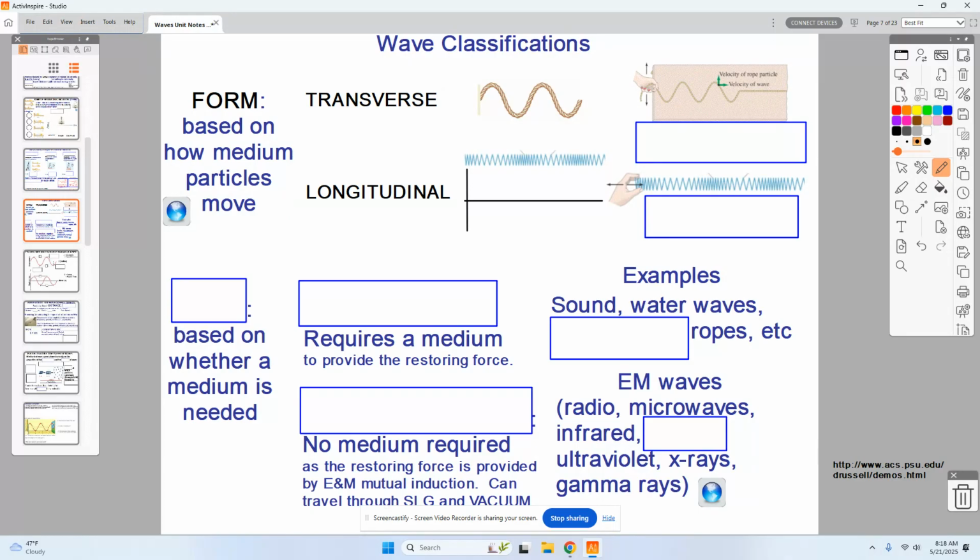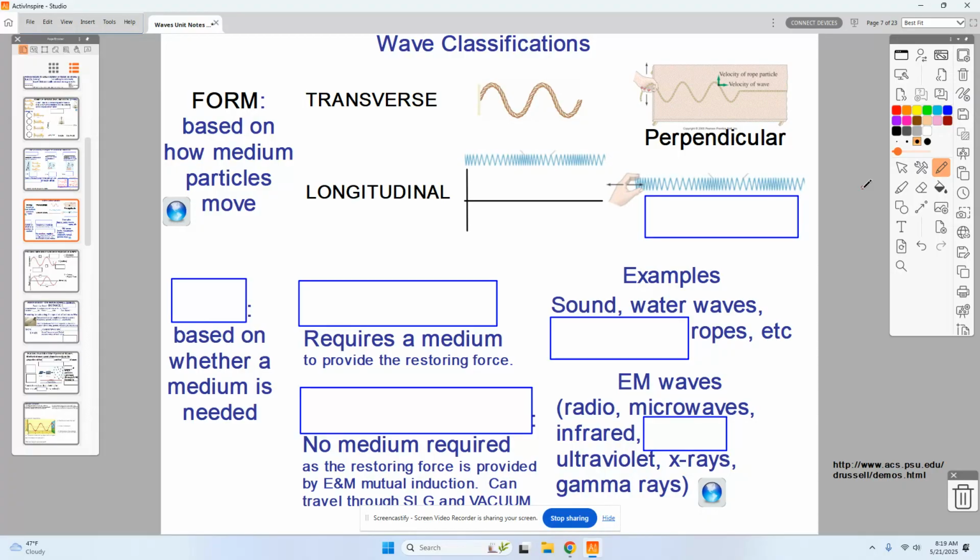A transverse wave is where my hand is moving perpendicularly to the way the wave velocity is moving. So you would see that my hand is moving back and forth like this at a right angle to the way the wave is traveling. So we would say that the motion of the particles is perpendicular in relation to the motion of the wave. So the wave is moving to the right, the particles are moving up and down.